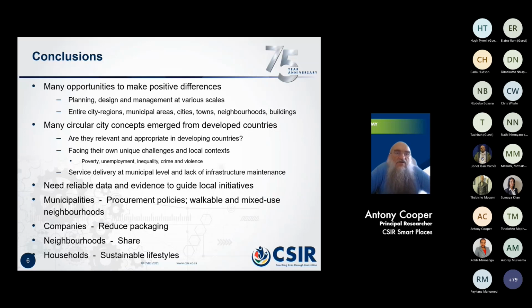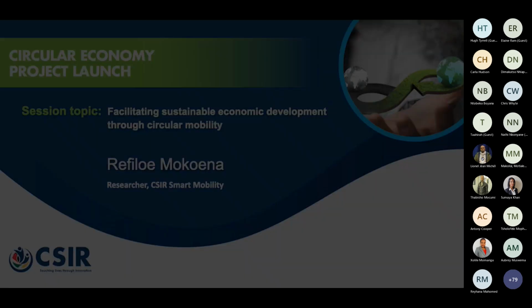We have our own unique challenges and local contexts, particularly poverty, unemployment, inequality, crime, and violence. We need reliable data and evidence. So the municipalities can improve their procurement policies, companies can reduce packaging, neighborhoods can share what they have, and households can adopt sustainable lifestyles. Thank you.